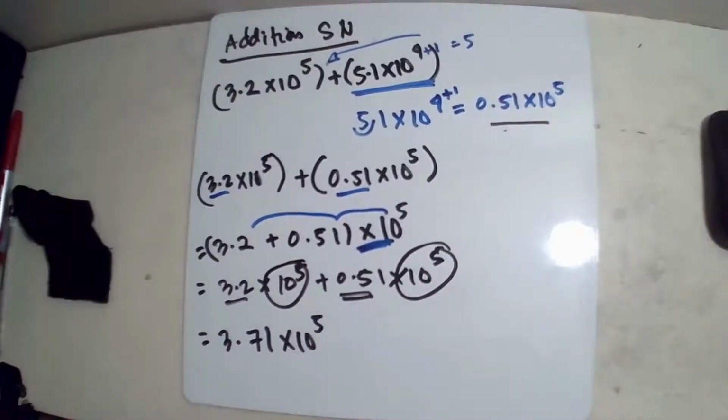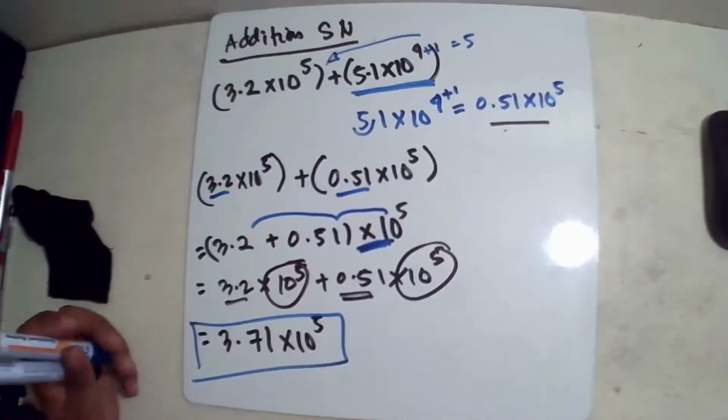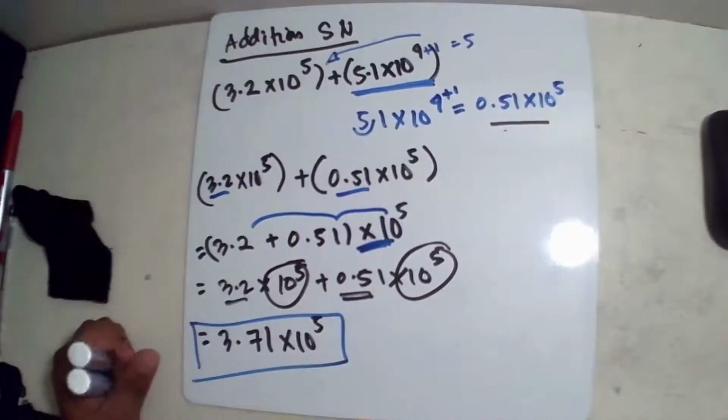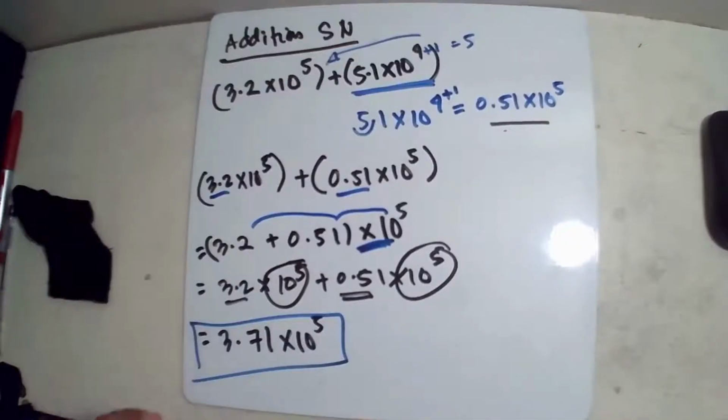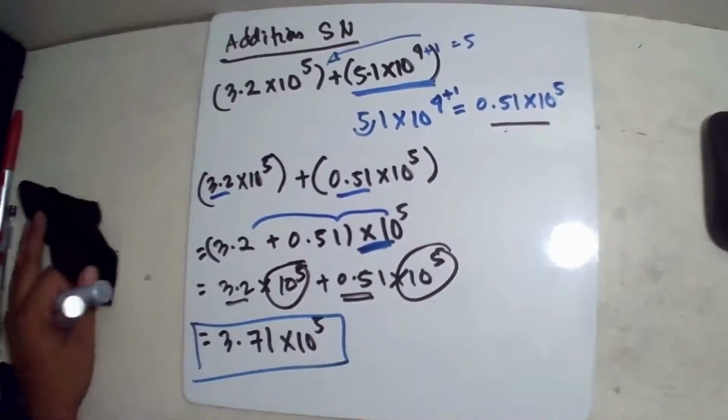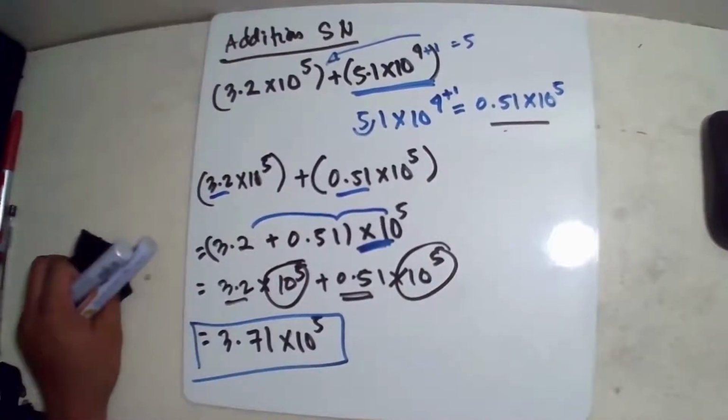So the answer for this expression is 3.71 times 10 raised to 5. Okay? That's for addition of scientific notation. You can pause this video and try to copy this example for addition of scientific notation.